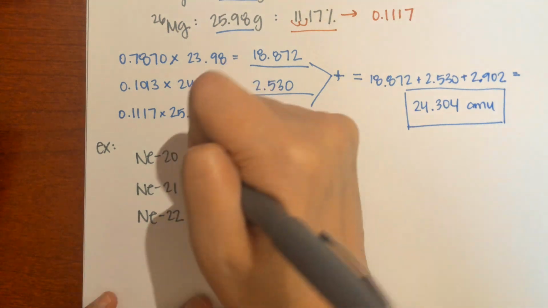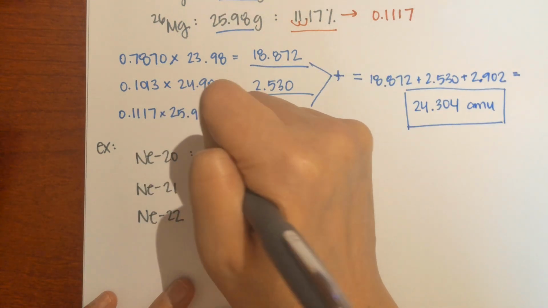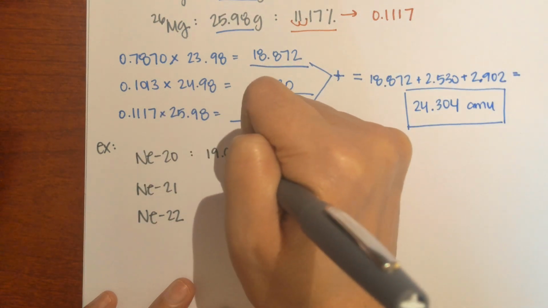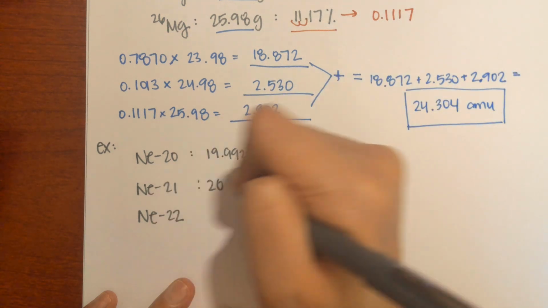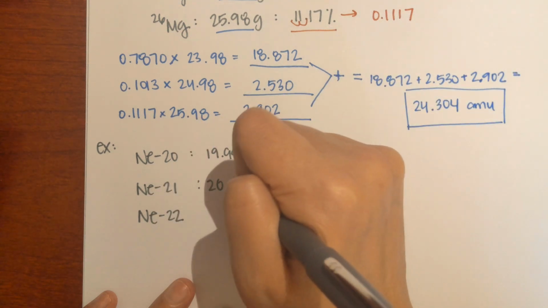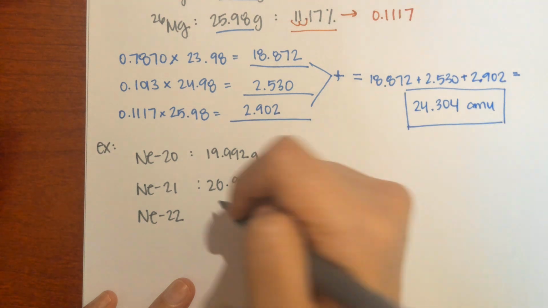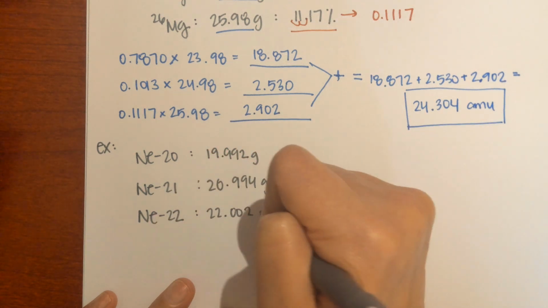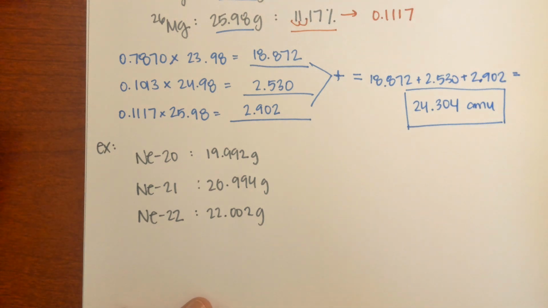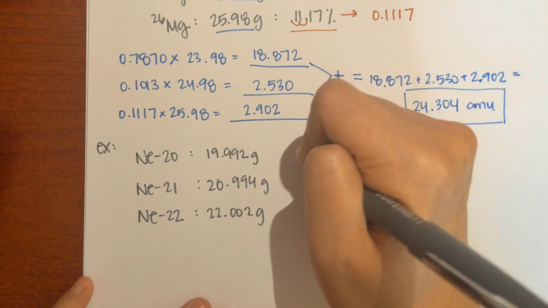The masses of these isotopes are 19.992 grams, 20.994 grams, and 22.002 grams.